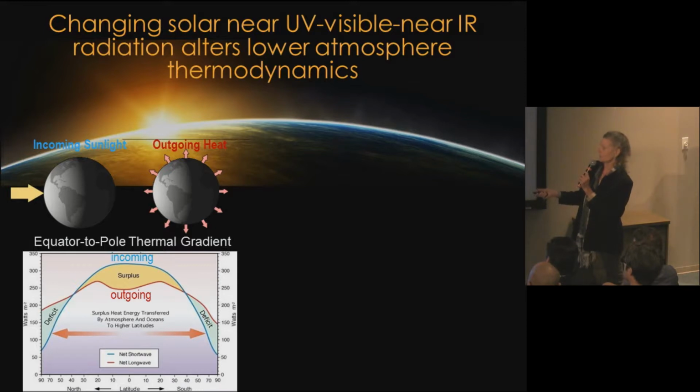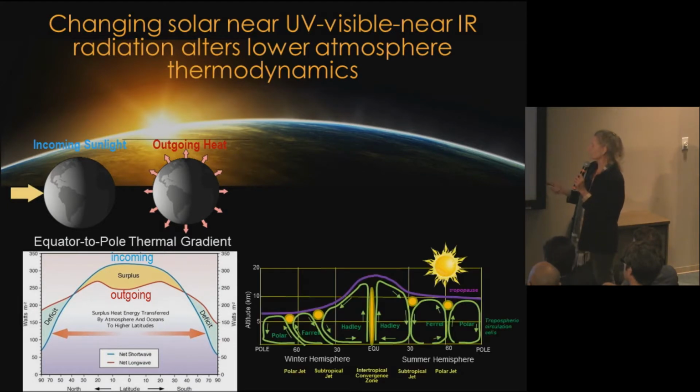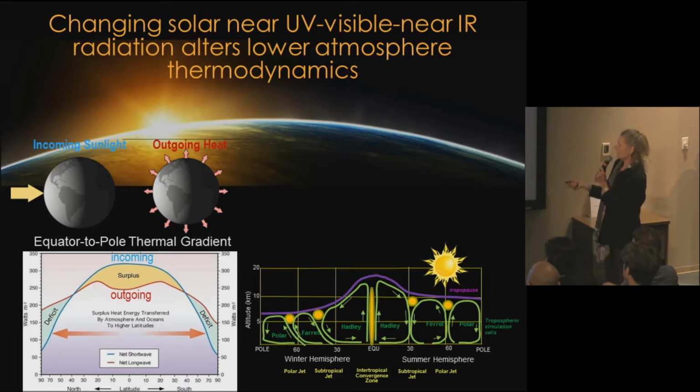This is the outgoing radiation, and what happens is that the system tries to move the excess energy from the equator to the poles, and it does that in a series of dynamical motions, starting with the Hadley cell, the Ferrel cell, and the polar cell. And so this is a typical condition of the troposphere during summer solstice.